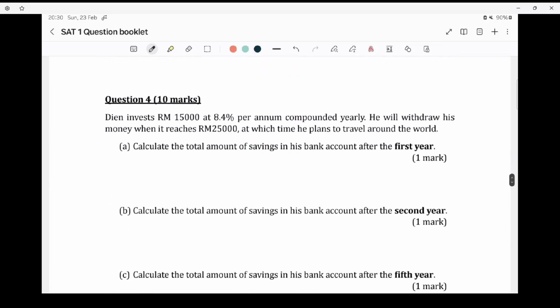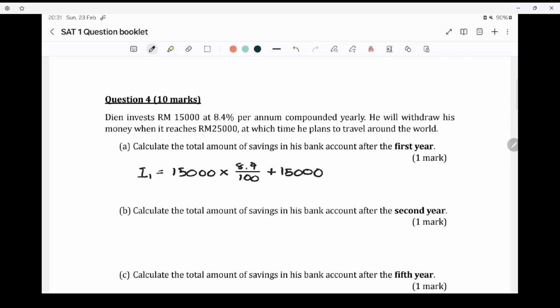Question 4, investment per annum compounded yearly, withdraw when it reaches 25,000. So the total amount after the first year, let's say I1, that will be 15000 multiplied with 8.4 divided by 100 plus 15000.